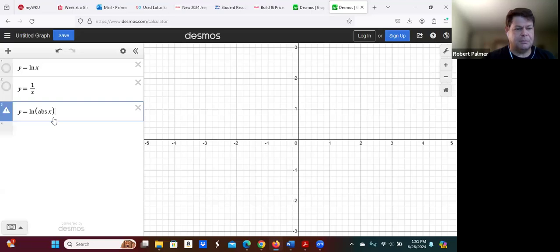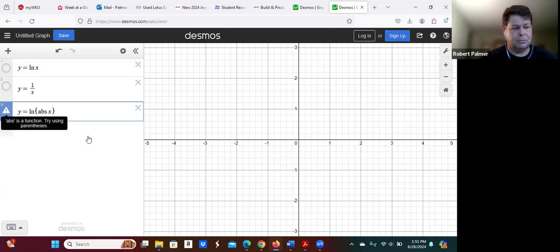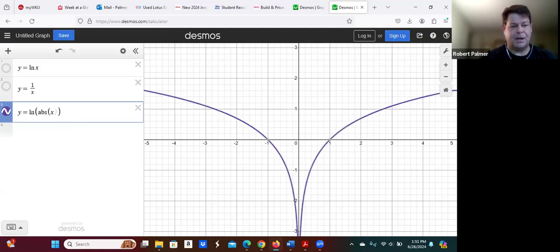Hold on just a second. Oh, there we go. Use parentheses around the x. I forgot that. That's what it looks like, which is basically just the same as the logarithmic function, with a mirror image over on this side.